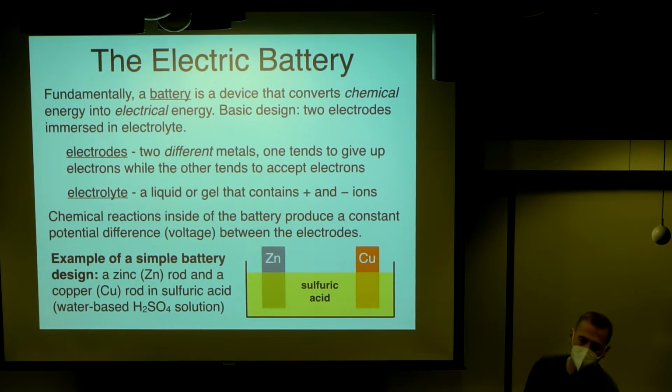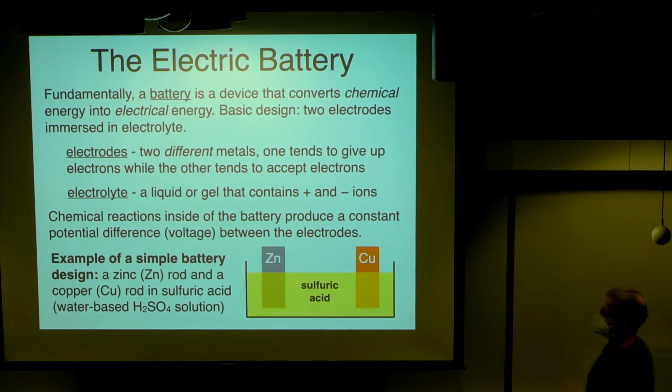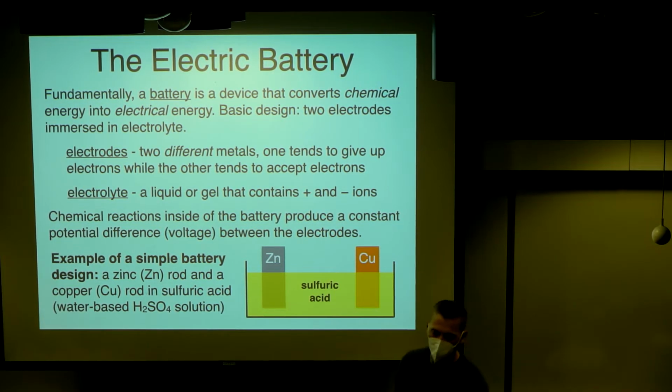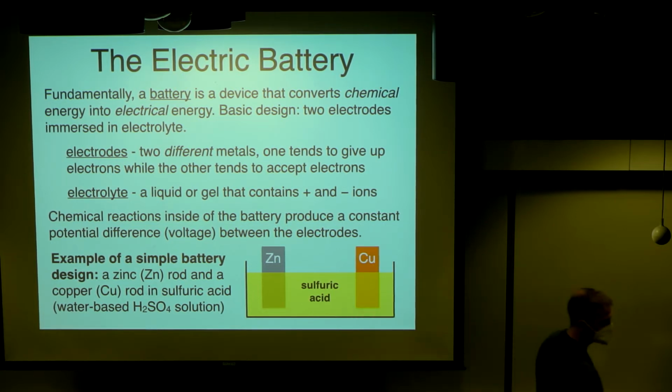That would be a good example of 2 different electrodes with these different chemical properties. Now, the electrodes themselves are immersed in a liquid or sometimes a gel, which we call an electrolyte. And the electrolyte is basically something that's there to conduct ions. So either positive ions can be moving through this electrolyte or negative ions, depending on the situation.